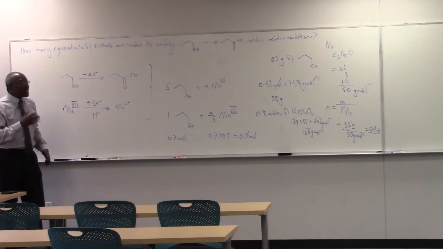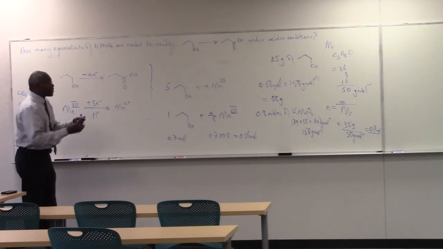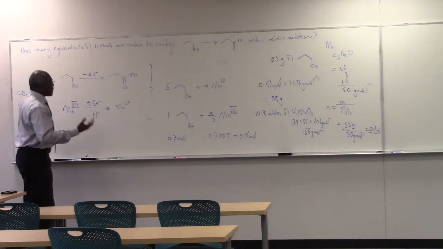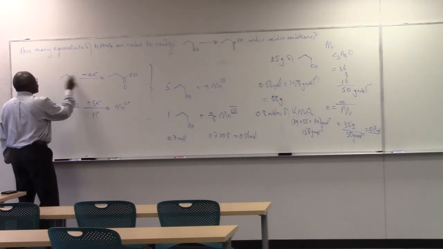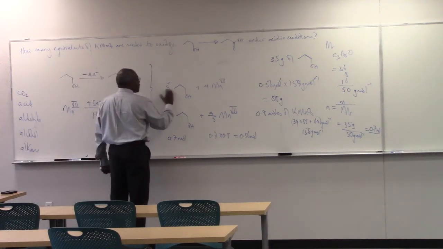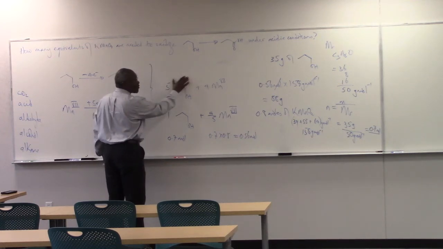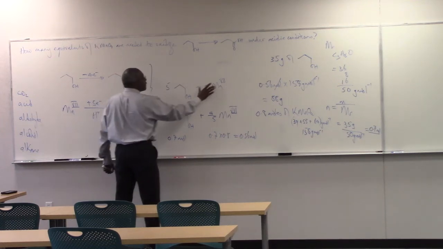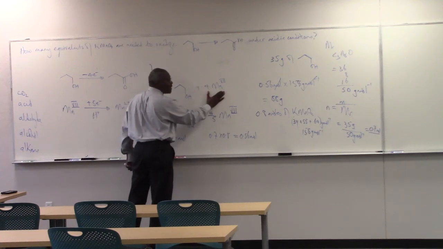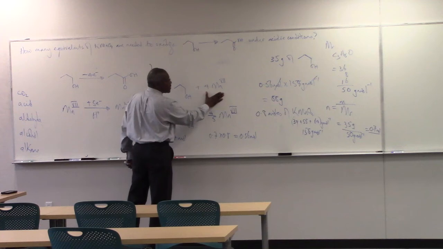And I'm going to predicate this based upon the organic compound. The best way of doing it is to have the 5 go here and the 4 go here, you swap them. And that works out because 5 of these will collectively lose 20 electrons, because each loses 4. 4 of these will collectively gain 20 electrons, because each one gains 5.